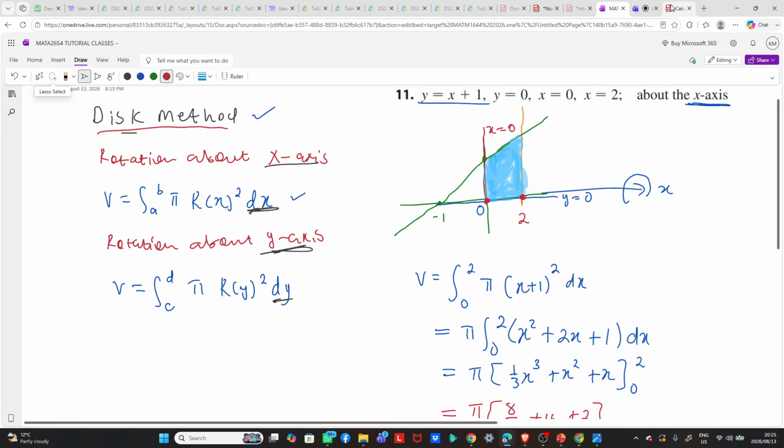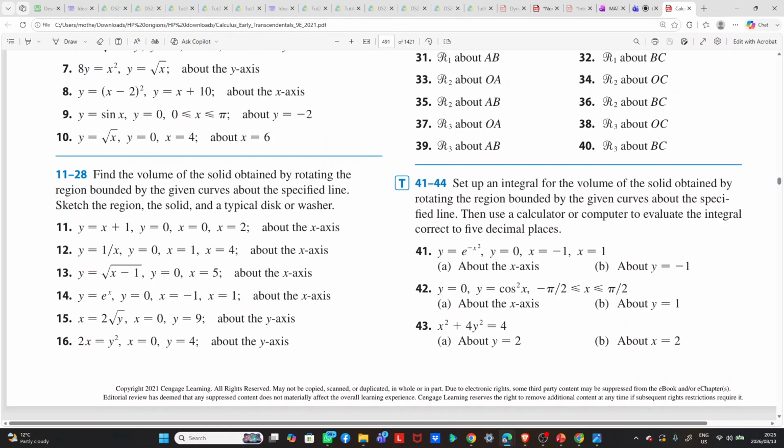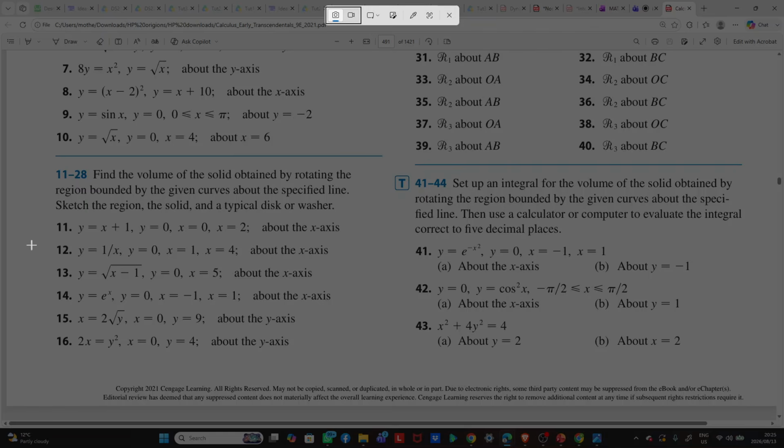So now let's look at another one, maybe the one where we are going about the y-axis.